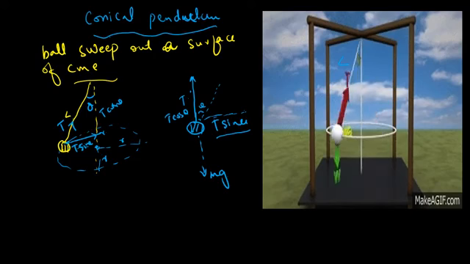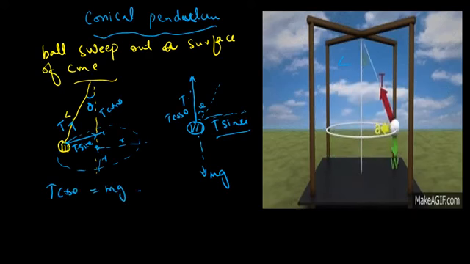So here we can make two equations. The first equation: the T cos theta component is balanced by the weight mg. So this is equation number 1.